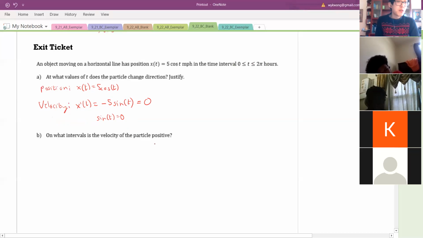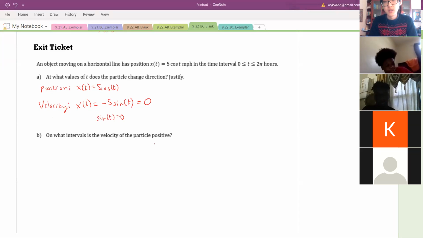But can someone tell me on the interval from 0 to 2 pi, some trig refresher, where is sine of t equal to 0? And you can just type this in chat if you want, or raise your hand. Awesome.